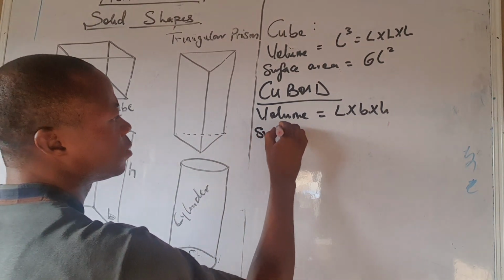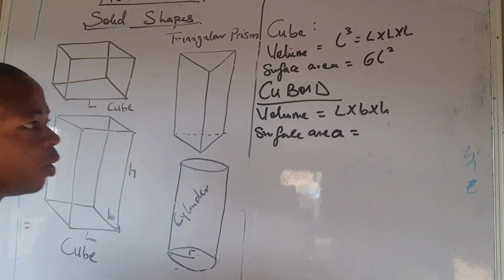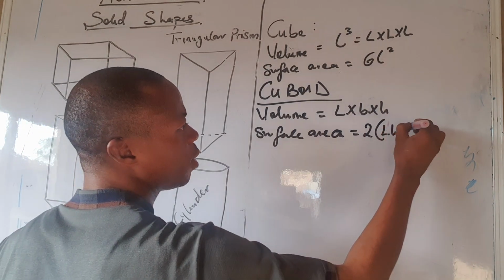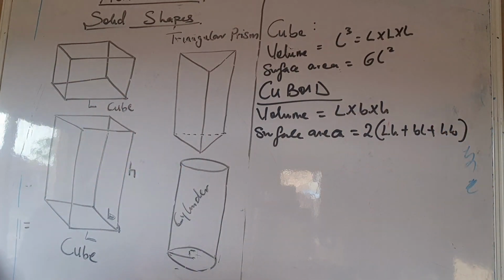The surface area of a cuboid is given as 2 into bracket LH plus BL plus HB. That is, we multiply length and height, plus breadth and length, plus height and breadth, and that gives us the surface area of the cuboid.